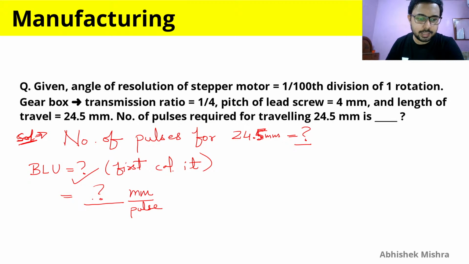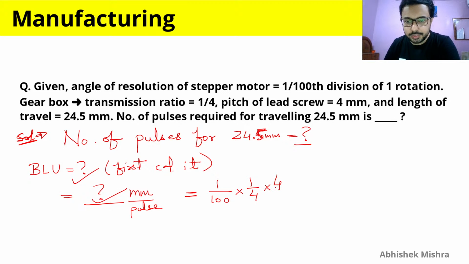So this is the basic length unit that we have to find. And how we can find it: we have the resolution of the stepper motor, which is 1/100th division of rotation, and we have the transmission ratio and the lead screw pitch. This will give you the answer in mm per pulse.